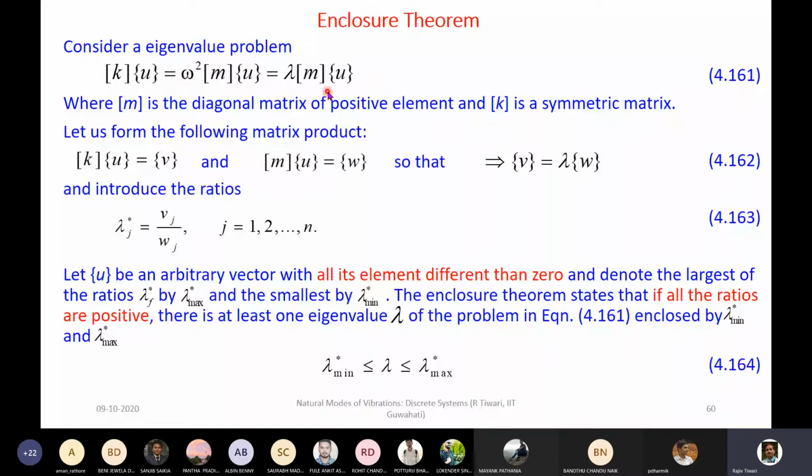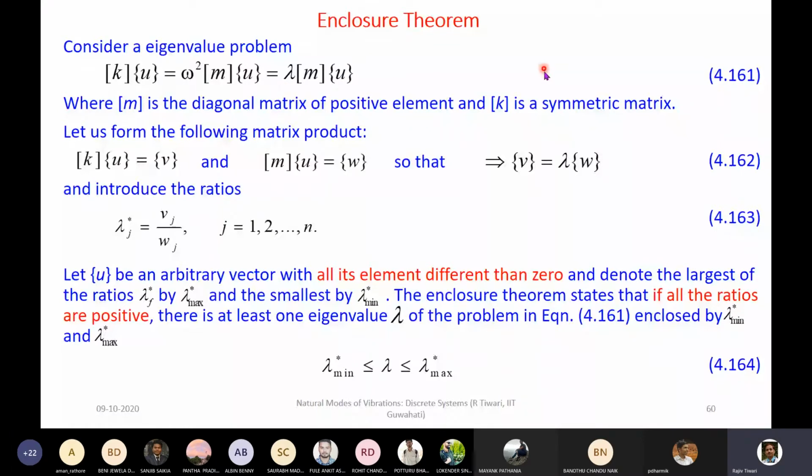This is the general eigenvalue problem, in which K is the stiffness matrix, u is the displacement of the system, omega square is the natural frequency squared, and if I write omega square as lambda, then this is the eigenvalue, M is the mass matrix, and u is the displacement vector. This is the standard eigenvalue problem which we solved in the previous two classes by taking the determinant to get the polynomial.